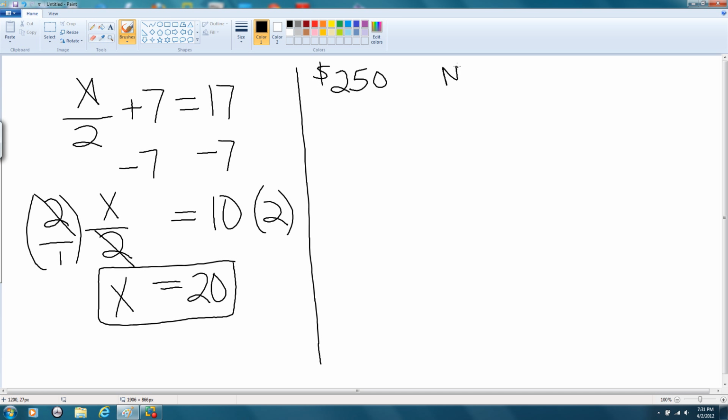So I'm buying a computer or something like that. I need $360 to do that. Well, I can put in from my allowance or whatever $10 per week. Okay? And I want to know how many weeks that's going to take me.